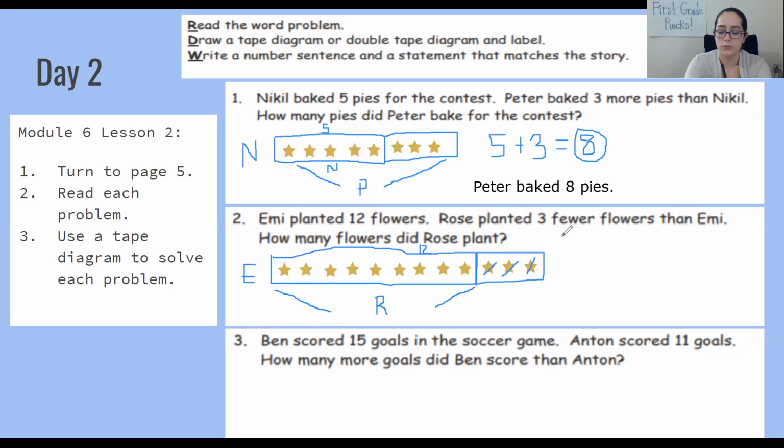So I'm going to go ahead and write my number sentence to match. So we had 12 minus the 3 fewer that Rose planted equals. So now let's go ahead and count how many Rose planted. 1, 2, 3, 4, 5, 6, 7, 8, 9.